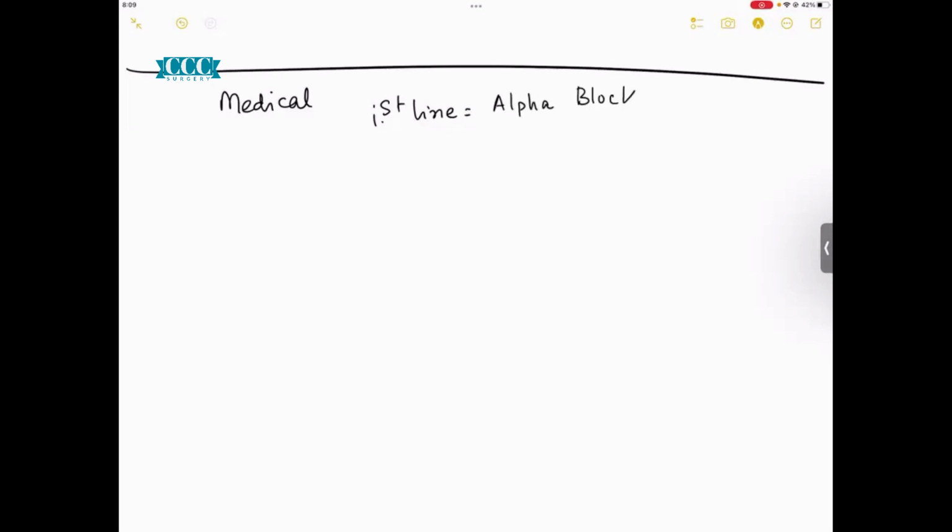Particularly remember that patients who have more irritative symptoms like frequency, urgency, nocturia are started on alpha blockers like tamsulosin, silodosin, etc. The second line drug, now this is not exactly first line, second line, is for a prostate which is more fleshy and soft but bulky disease, which will get 5-alpha reductase inhibitors.